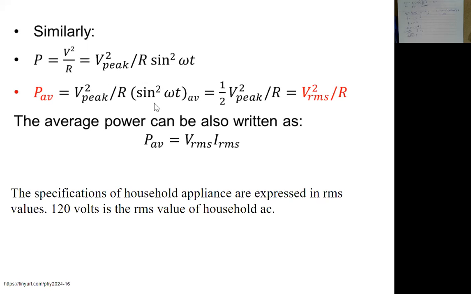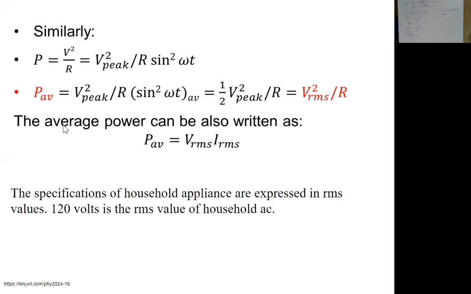And then you are just averaging this changing quantity here, okay? Because this is a function of omega t, it changes with t. So similarly, sine squared of omega t will be 1/2 of the peak value, okay? Then it's V root mean square quantity squared over R, okay?